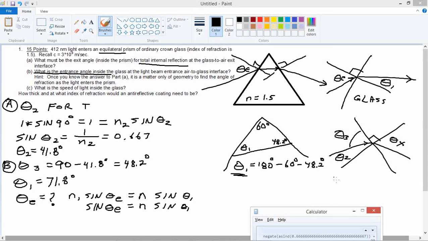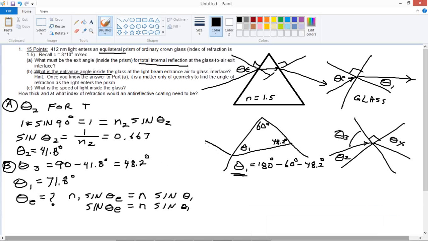Oh, I know what's wrong. I blew it. I don't use 71.8. I need to measure from the normal all the time. So I need to take 90 minus the 71.8.